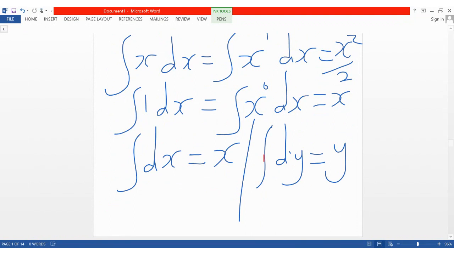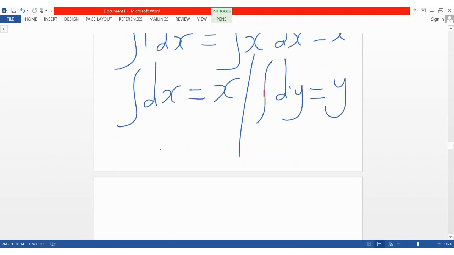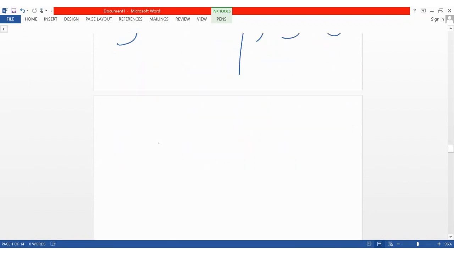So can someone try this one out? Can someone tell me the integration of 2 dx and the integration of negative 3 dy?